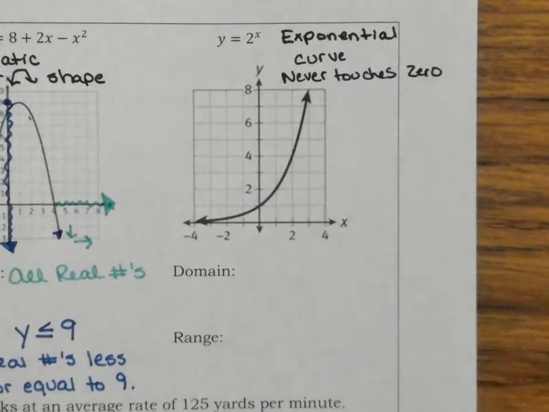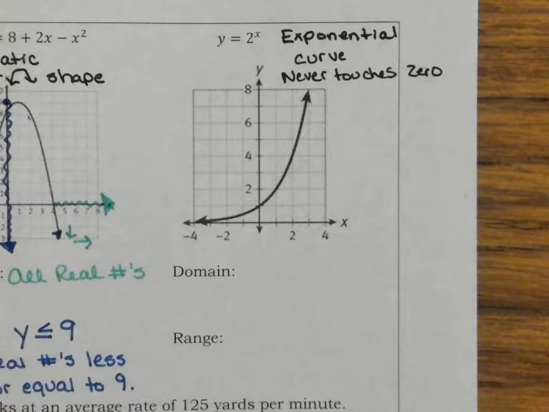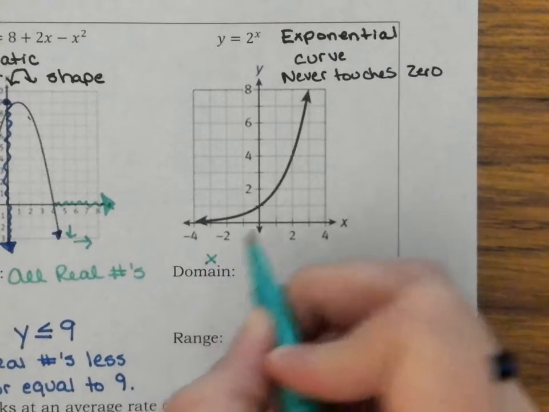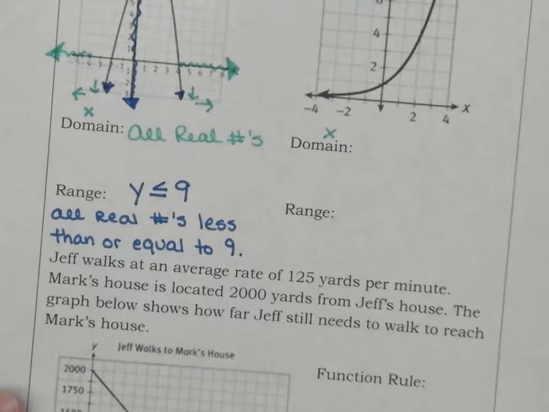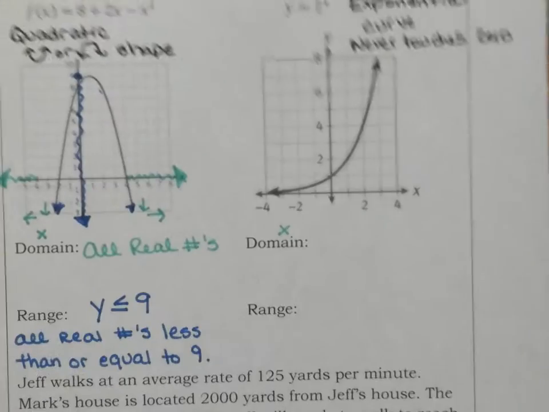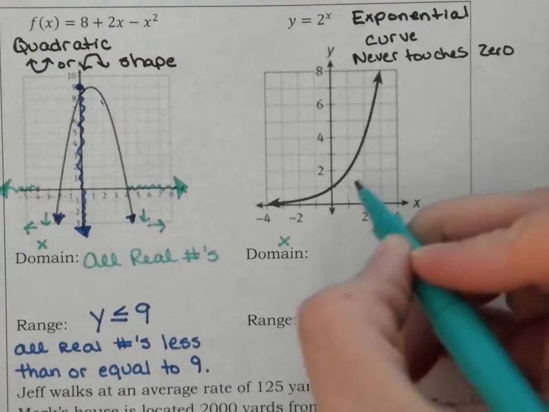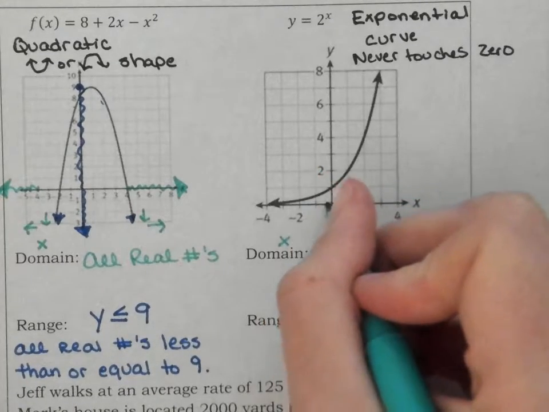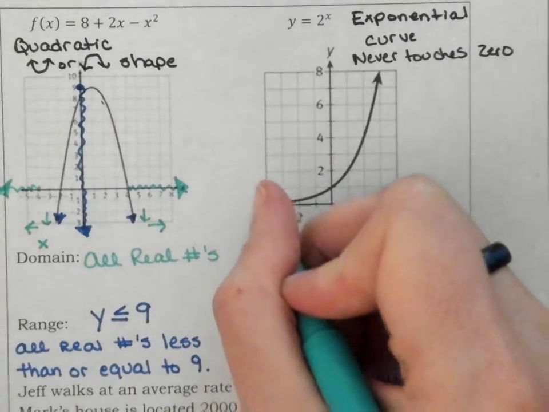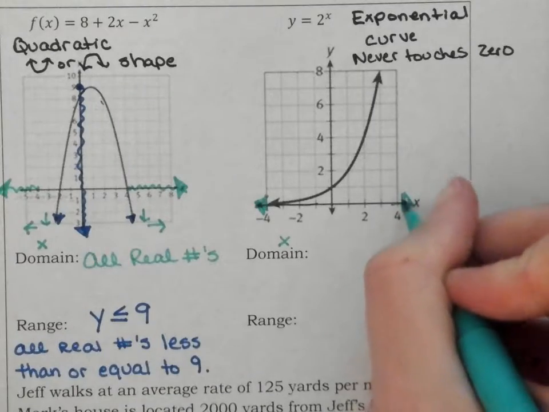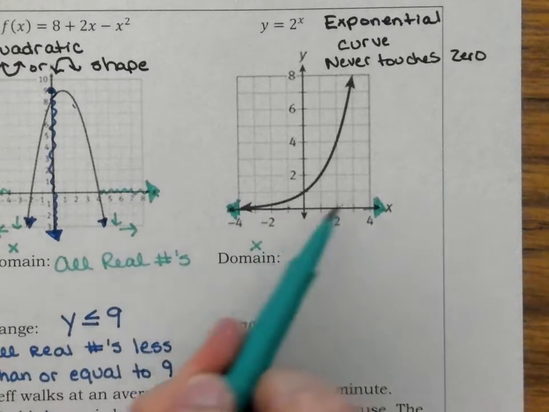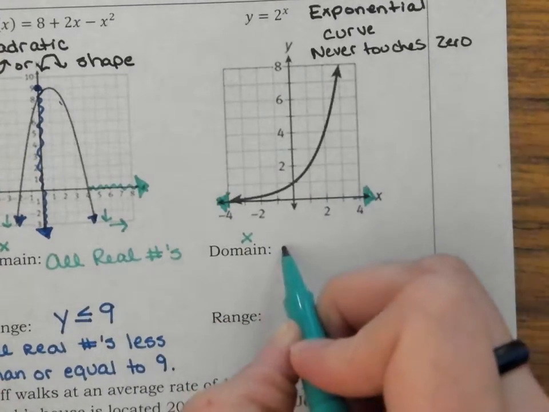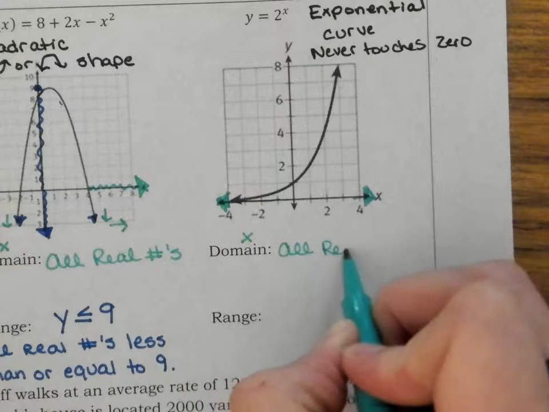So it's getting smaller and smaller. And that's my domain. Again, that's my x values. So if I'm looking at the domain, this is going to the left forever, and it's also going to the right forever. Now it's going up and right, so it's not just going straight right, but up and right, just like that other question. And so your domain is all real numbers.